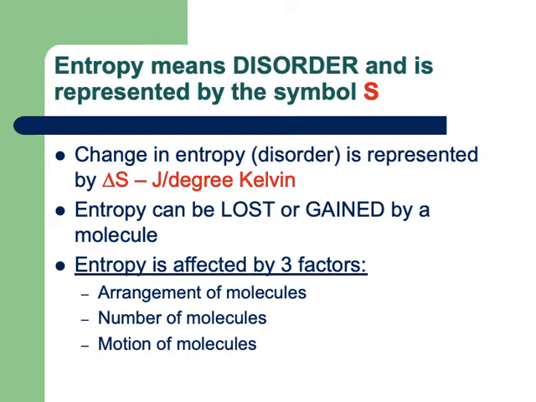Similar to enthalpy, entropy can also be lost or gained by a molecule. So let's go back to an example of eating an apple. You're eating a solid apple. It's going through your esophagus, down into your stomach, undergoing digestion, being blasted apart into many, many thousands of molecules.